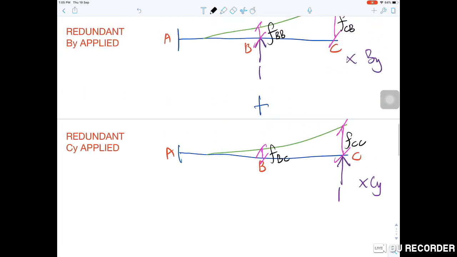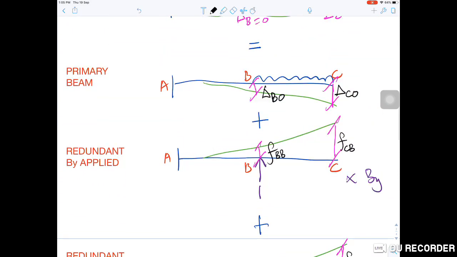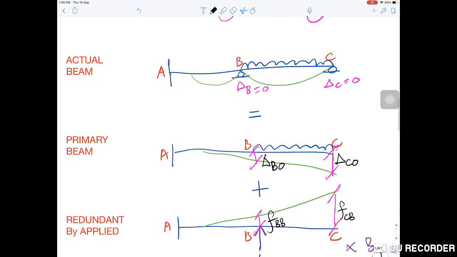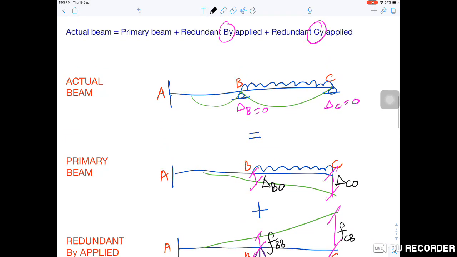By looking at this, we will write the equations, two simultaneous equations. If in a one redundant system we derive one equation, then based on the number of redundants, for a two redundant system we will write two simultaneous equations.